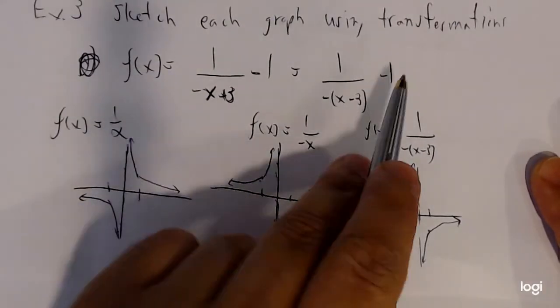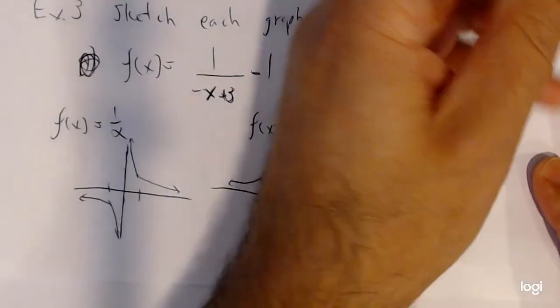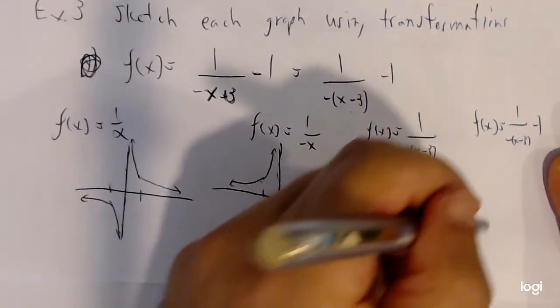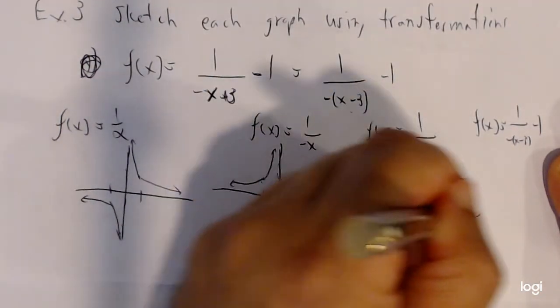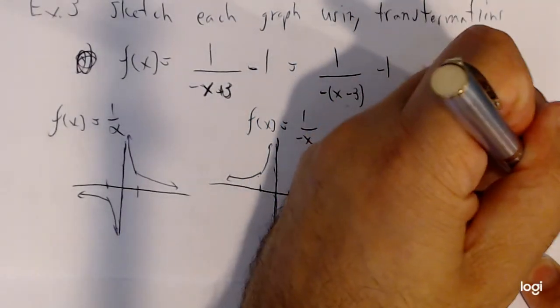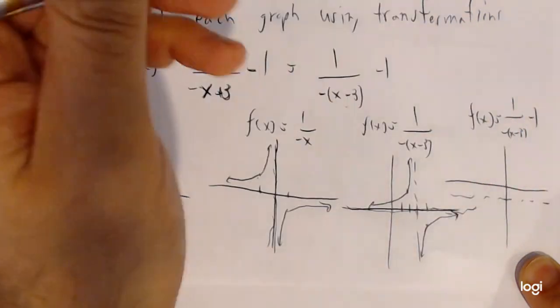And then lastly, the minus 1 is saying what? Shift everything 1 unit down. And if you remember, we also had a horizontal asymptote at 0 because this graph just gets closer to 0. So if I move everything 1 unit down, that horizontal asymptote will be at negative 1.